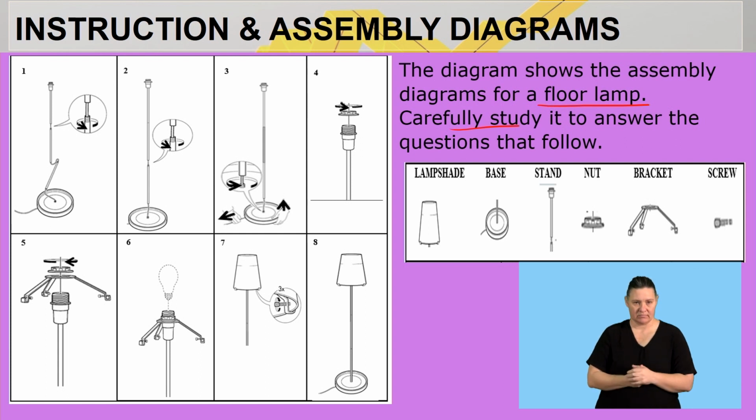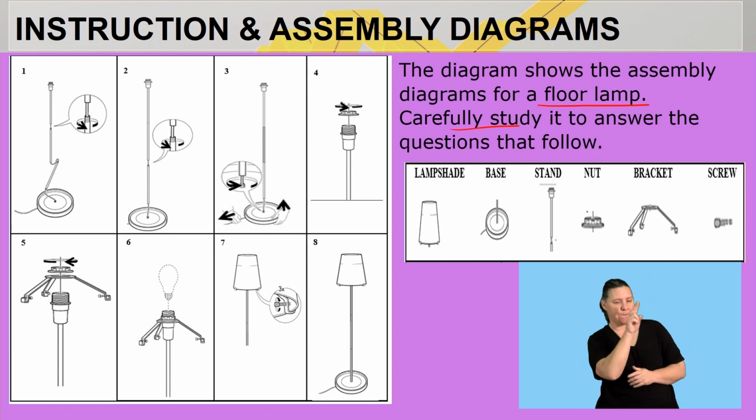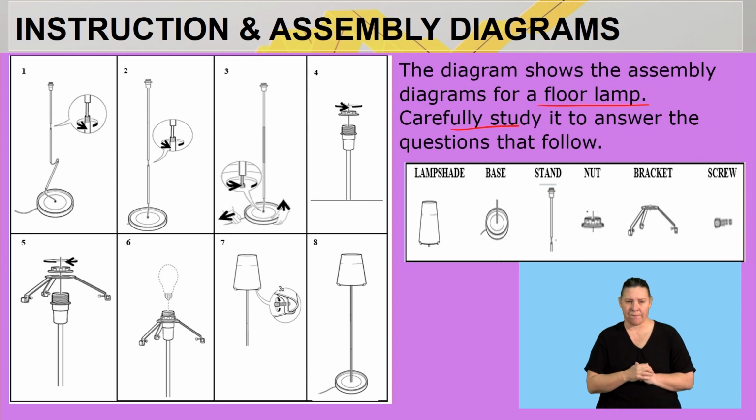Now guys, let's take some time out and look at what is presented to us. Looking at our diagram, we'll see we have 8 different steps, starting at number 1, all the way up to step number 8, where we see the completed floor lamp. What else is given are the different parts of this floor lamp.